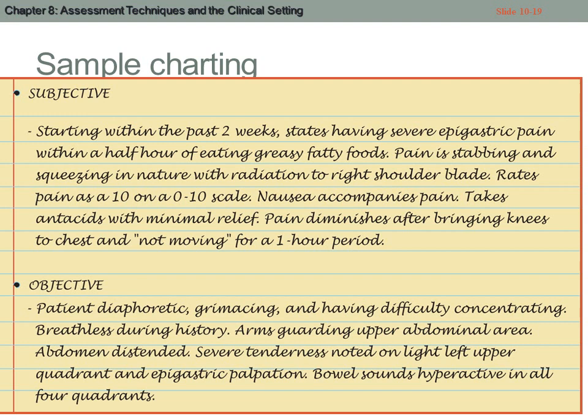The patient may tell you, well, at home, this is what I take. So I take antacid at home, but it doesn't give me a whole lot of relief. And then the patient may say, well, the pain goes away after I bring my knee to my chest and I don't move for about an hour or so.